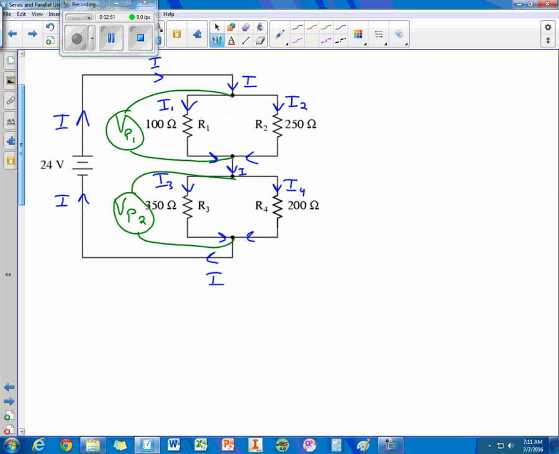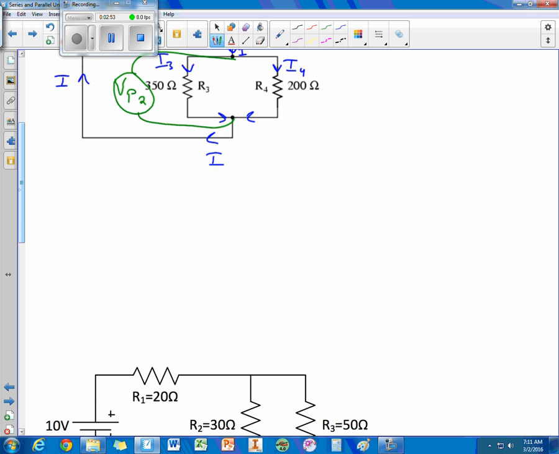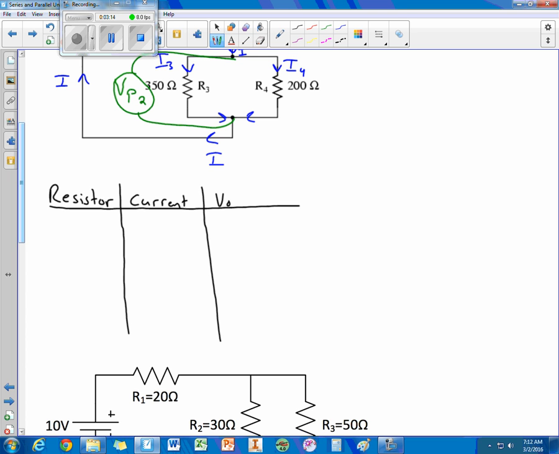Okay, so let's make our table. I've got 4 resistors. All right, so we got R1, which was 100 ohms.